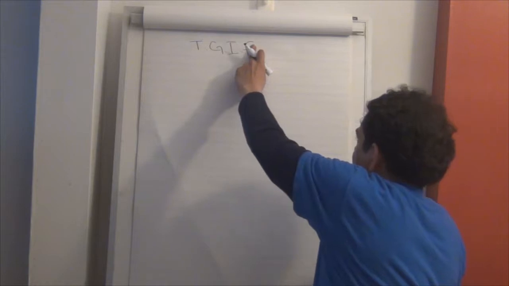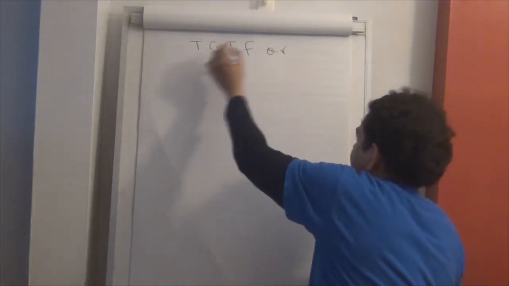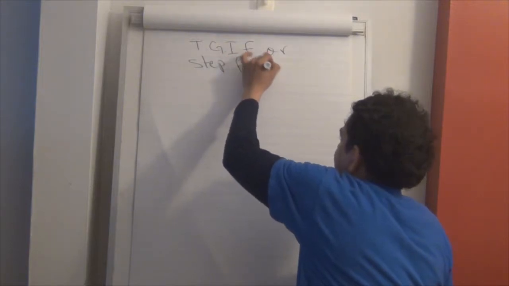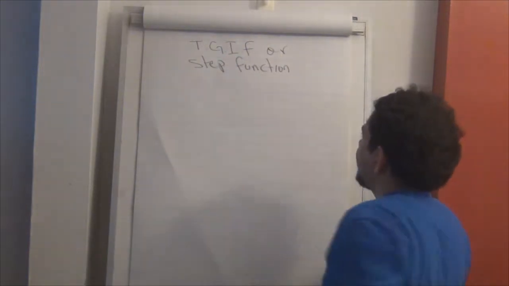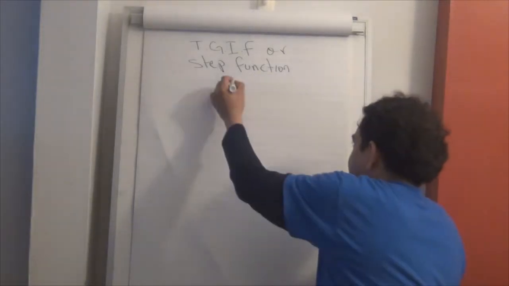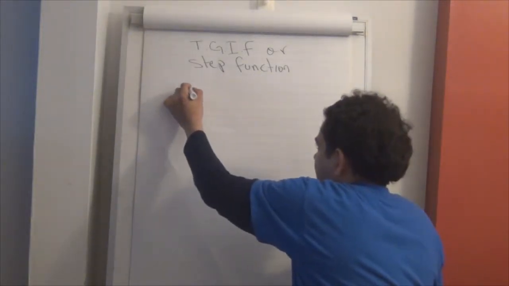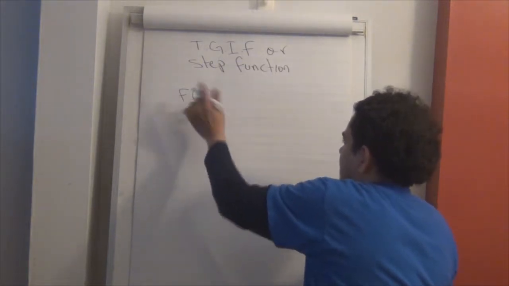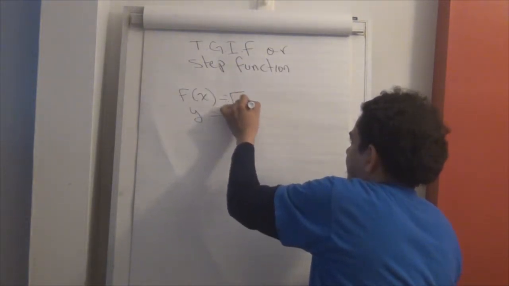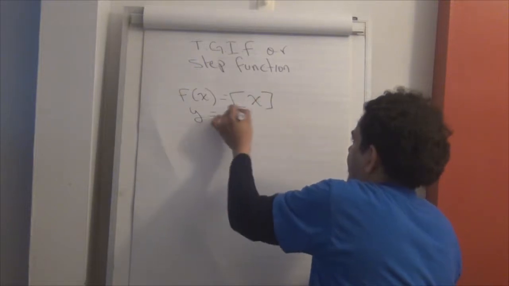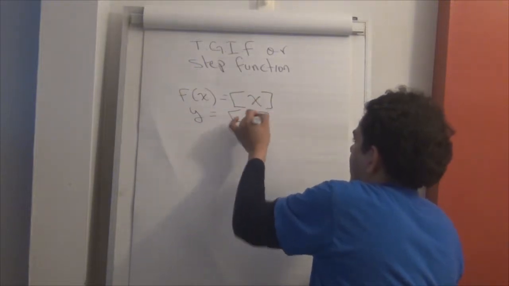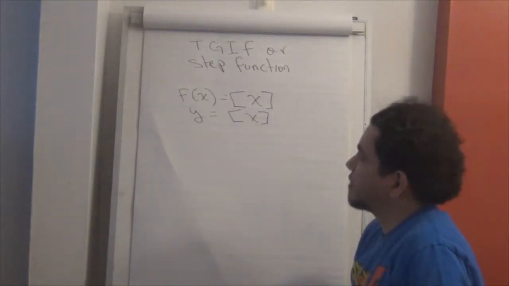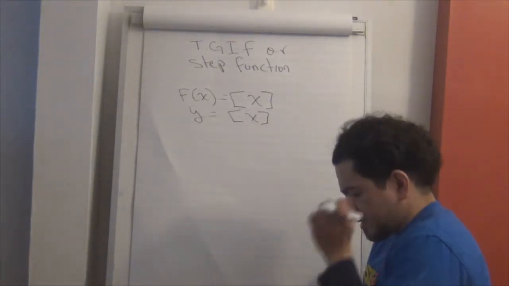Anyway, the greatest integer function, or as people call them, step functions. Okay? So, let's say we have, and it's represented like this. Remember, f of x and y are the same thing. If I want to say this in two different ways, okay. So, the greatest integer function. What is it?